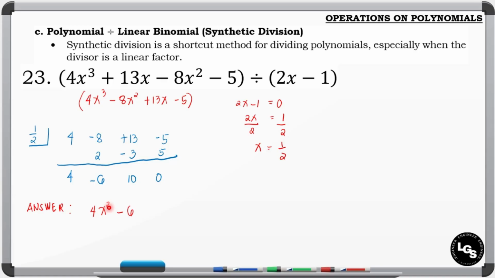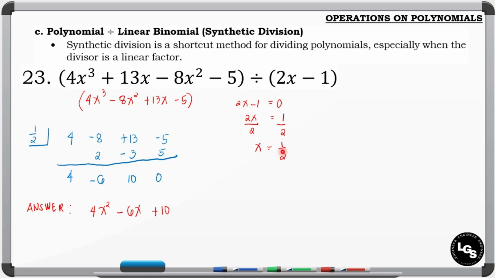Then we are going to decrease this again by 1. So that will become x. Then we have here positive 10. So positive 10. Then decrease this again by 1. So it will become x raised to 0, or simply numerical 1. So this is constant. But this is not the final answer.